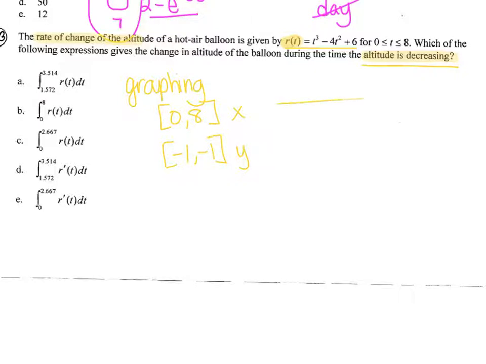So when this graphed from 0 to 8, when I looked at the graph, it was above the x-axis, then below, then above, and there were 2 critical points. I used my graphing calculator. I went to F5, and I found the zeros, and it was 1.572 to 3.514, and it's decreasing between those.